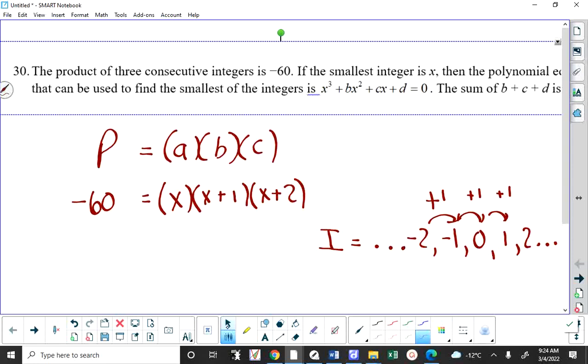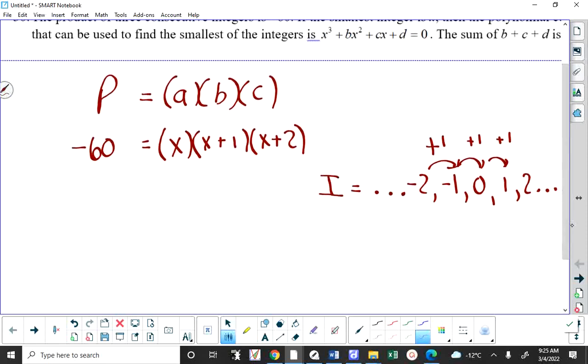And really, at this point in time, Reagan, we have a polynomial function, or equation rather, because there's no y. But the question is, what is it going to look like when we write it in this form of x cubed plus bx squared plus cx plus d equals 0? So we need to do a couple of things.